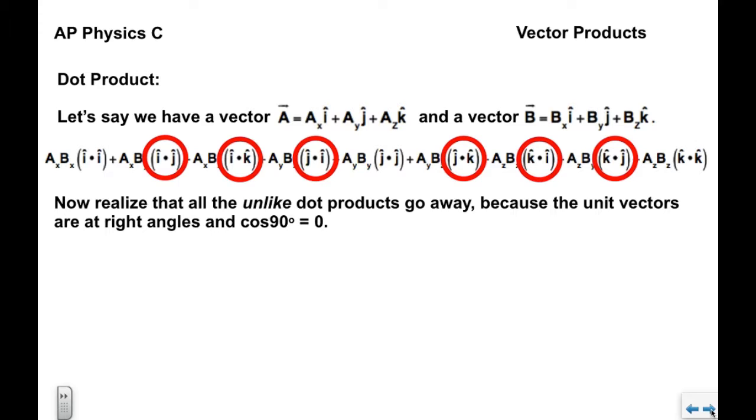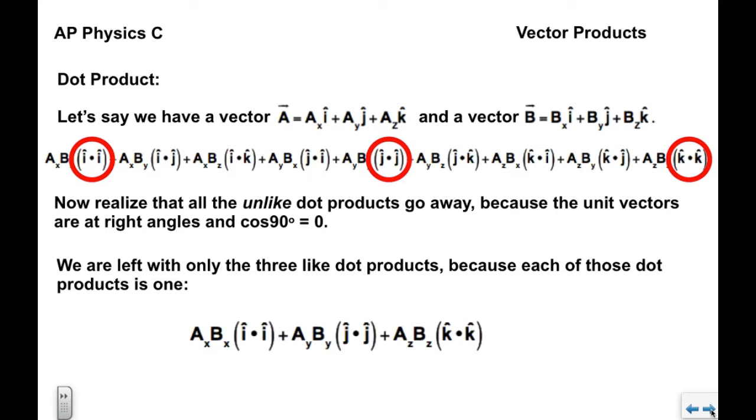So the unlike dot products go away. The like dot products, because the angle between them is 0, when you dot a vector with itself, effectively you have a magnitude of 1 times 1 times the cosine of 0, which is 1.